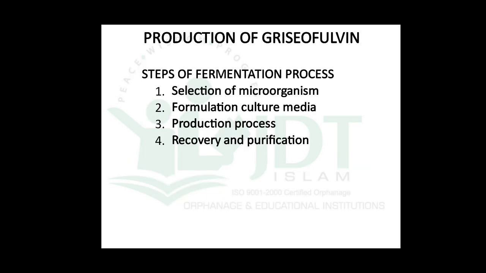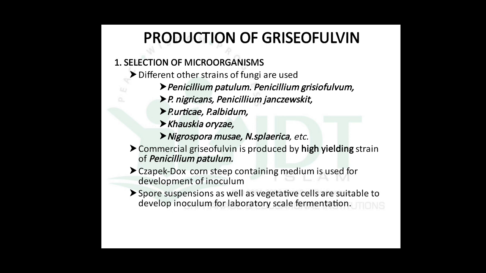So coming to the steps of the fermentation process for the production of griseofulvin, there are 4 steps. First one is selection of microorganism, then formulation of culture media, production process, and recovery and purification. Now coming to the first step, selection of microorganism.